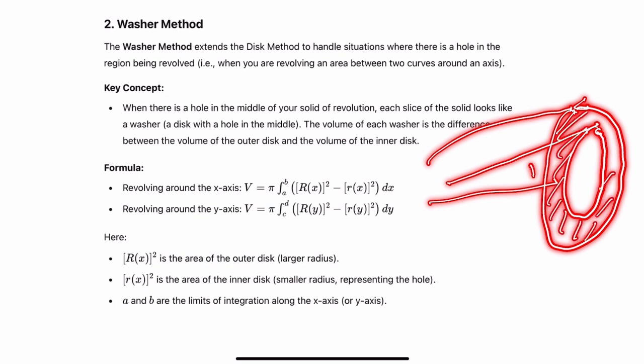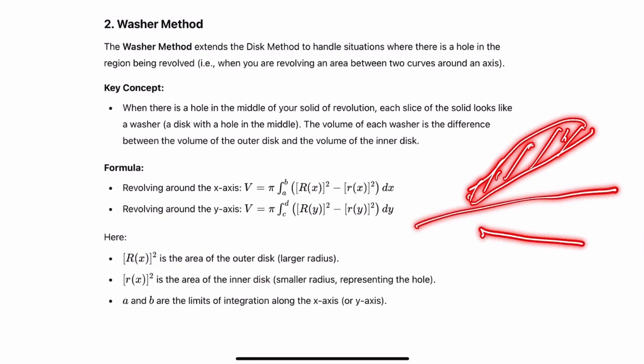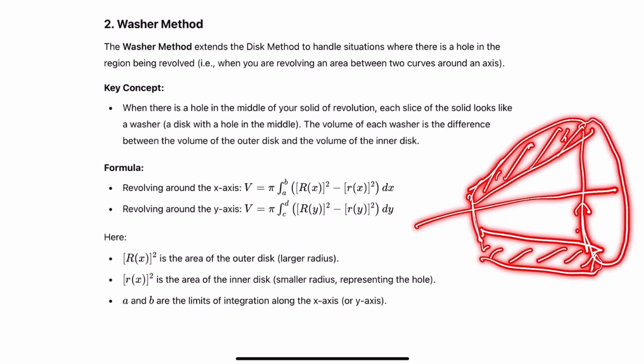Okay, so you can see that our washer will be like this. You have a full section here, and another full section here. So we are revolving around this axis.